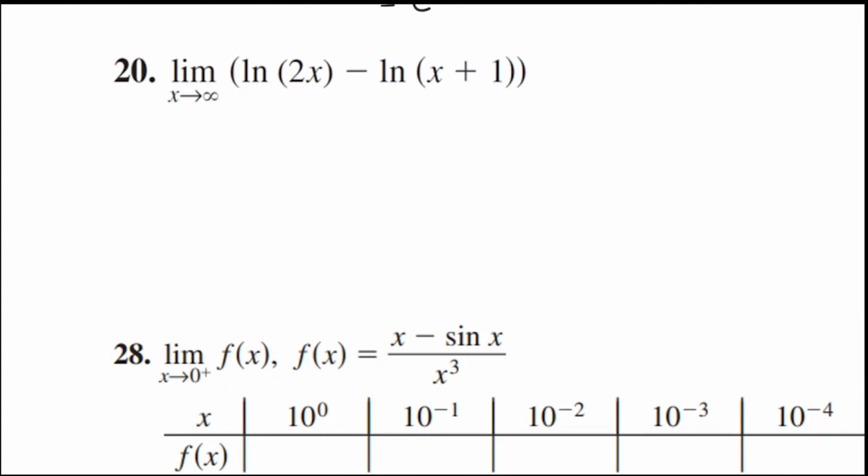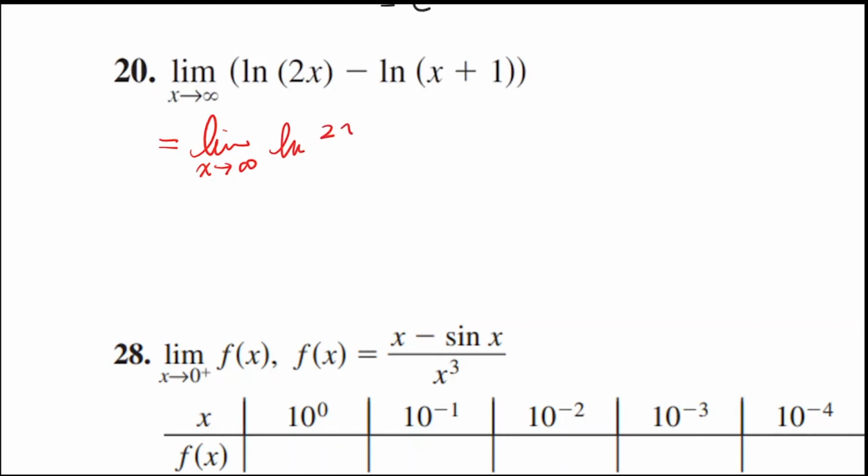Number 20, let's look at this thing. If x approaches infinity, this is infinity, this becomes infinity, and this becomes infinity. So you have infinity minus infinity. Well, which infinity wins? We don't know. But what we can do is combine these two. So we'll have limit of x approaching infinity of ln. ln's are nice, right?